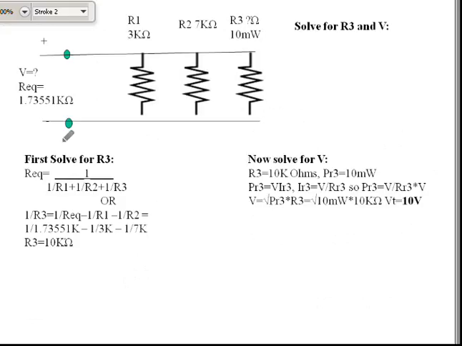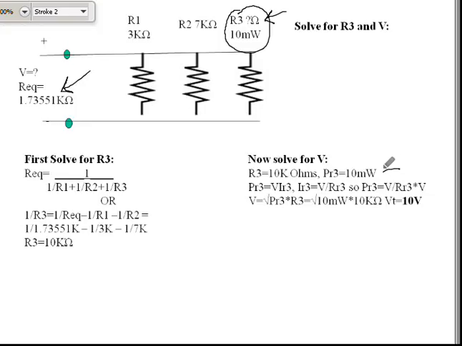All right. Solving for R3 in this situation. My equivalent resistance is 1.73551 k ohms. If I want to find out what R3 is, I can do it several ways.